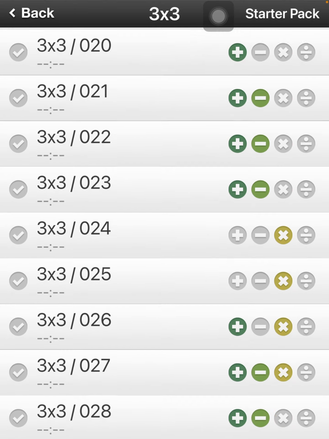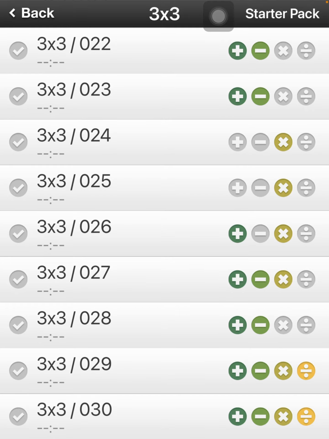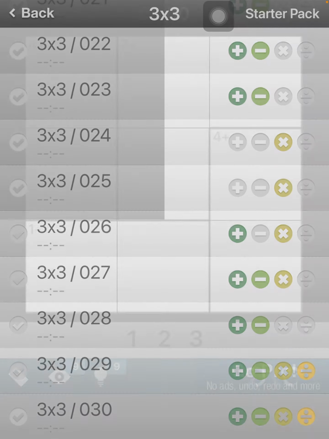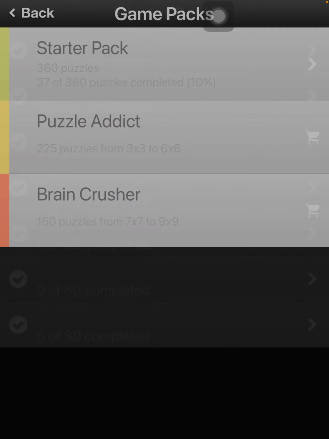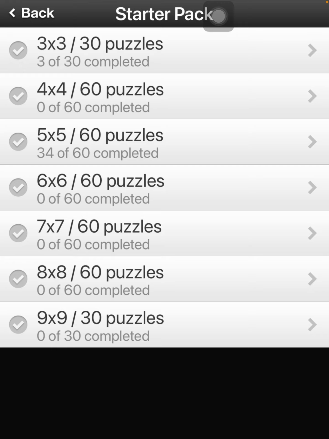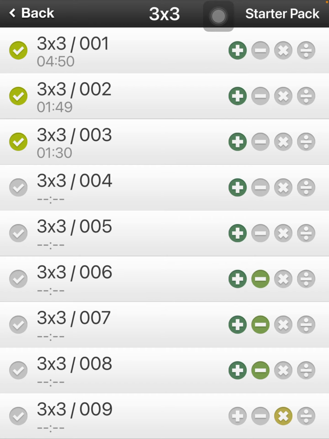So this will take a while before we get to a 4x4 square. But we're going to finish 2x3. And you can see over on the right side of the screen, it tells you what operation is used in each puzzle.